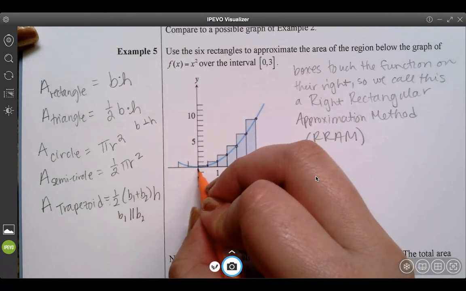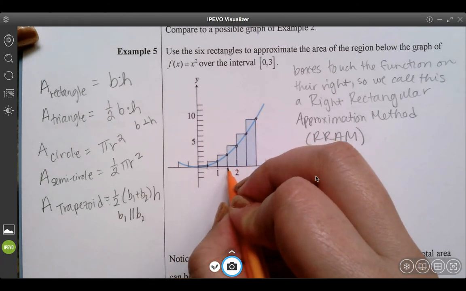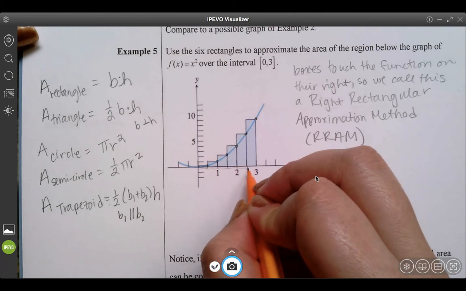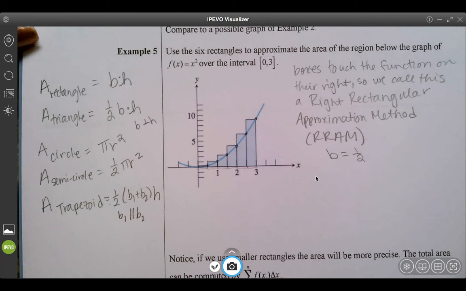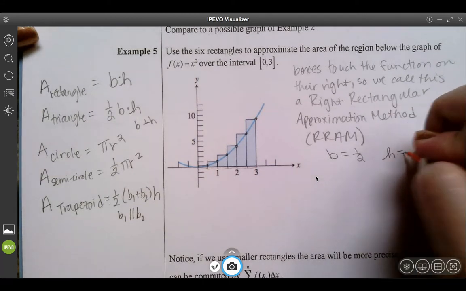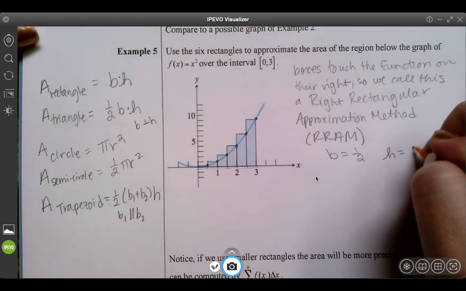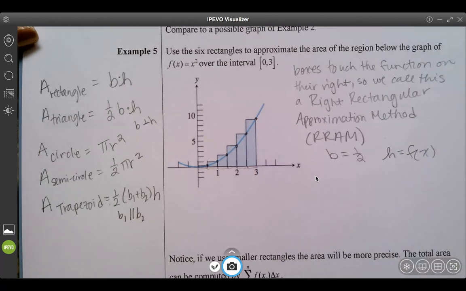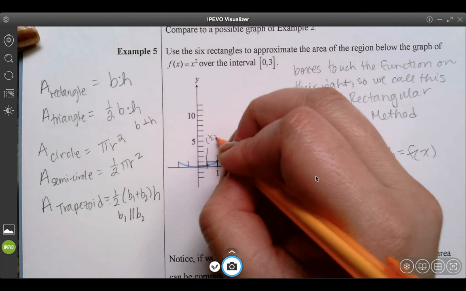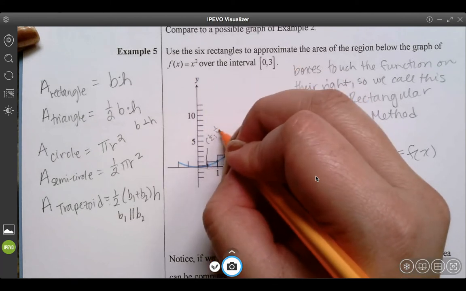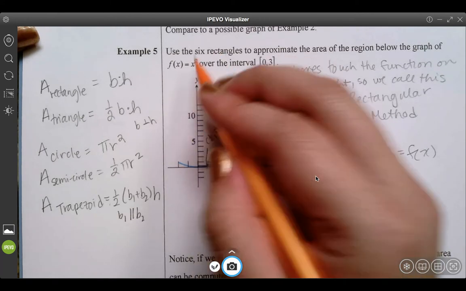Well, the base here is 1/2, because these are evenly split, we know that each base is 1/2. But in order to find the height, I need to evaluate the function. So I need to find f of x. So let's find these functions. Well, this is 1/2 comma 1/4, right? Because we're plugging it into f of x.